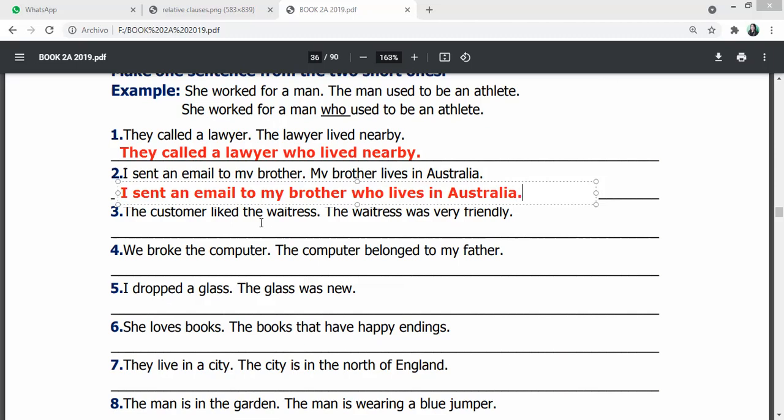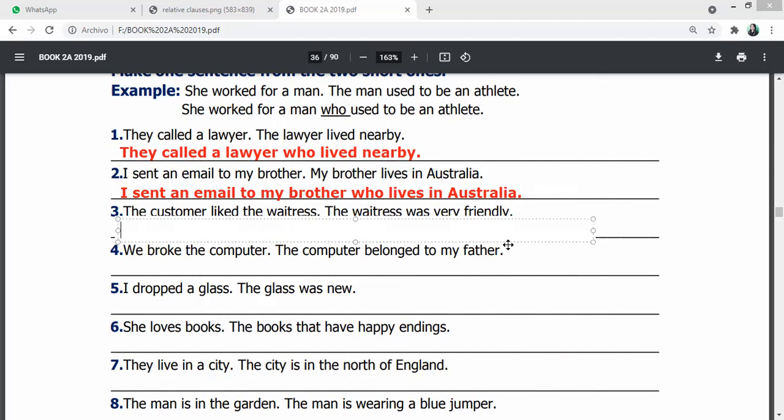Okay, next one. Number 3. The customer liked the waiter. The waiter was very friendly. The customer liked the waiter. The waitress was very friendly. Guys, we can use which, that, or who.